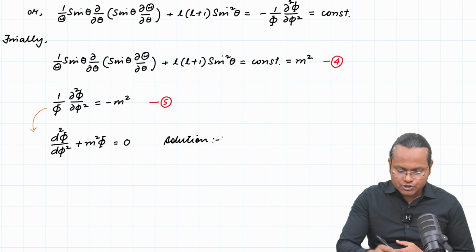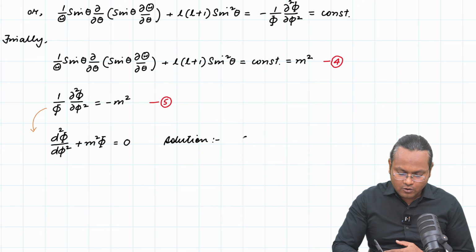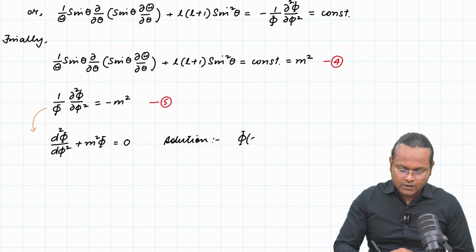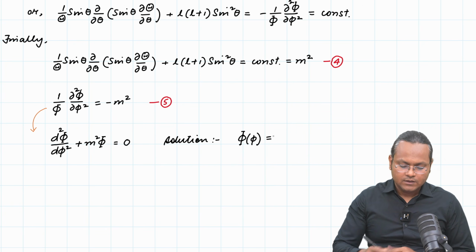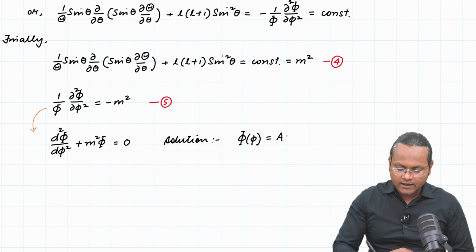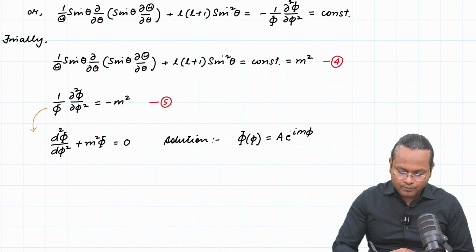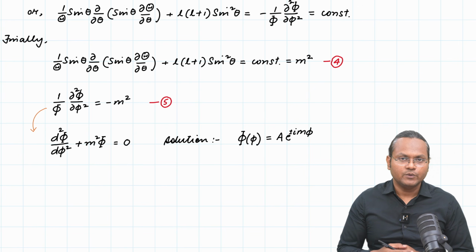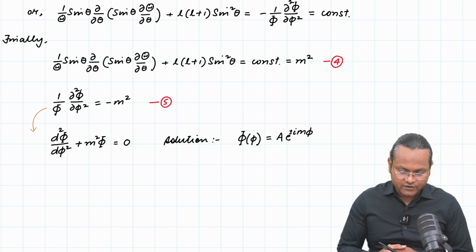The standard solution is of the form phi equals, let's suppose, some constant a e to the power iota m phi variable. Now, of course, solutions contain both e to the power positive terms as well as e to the power negative terms when we look at the general solution of this kind of a differential equation.